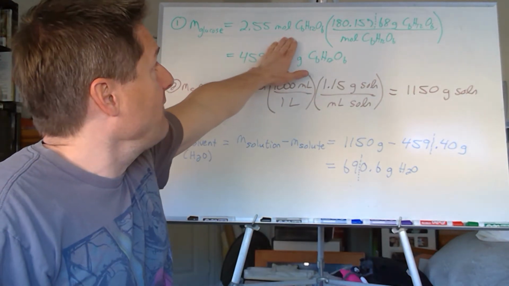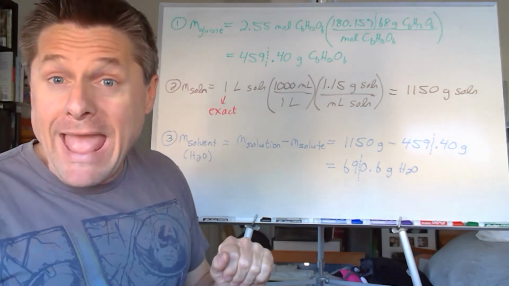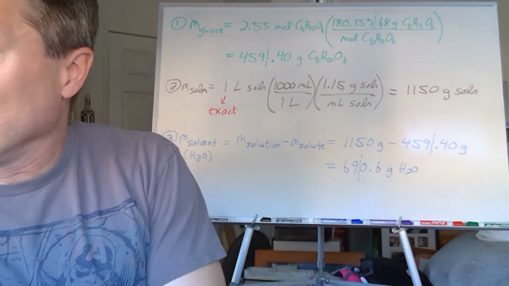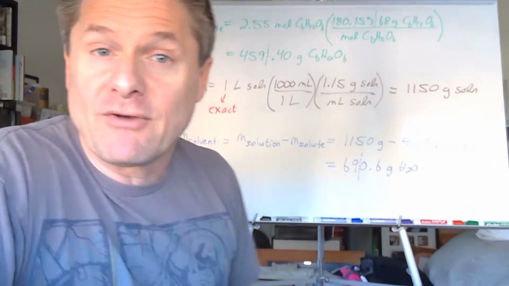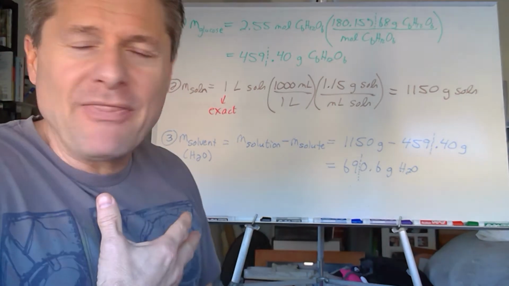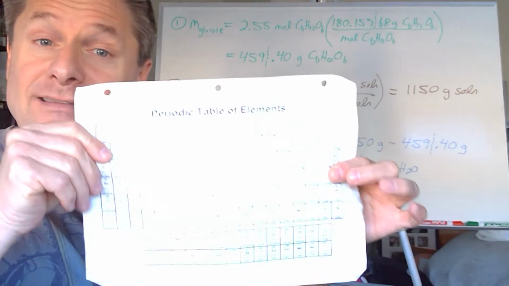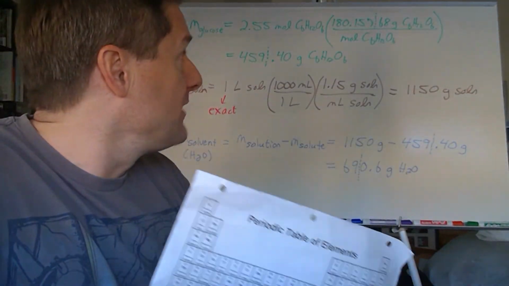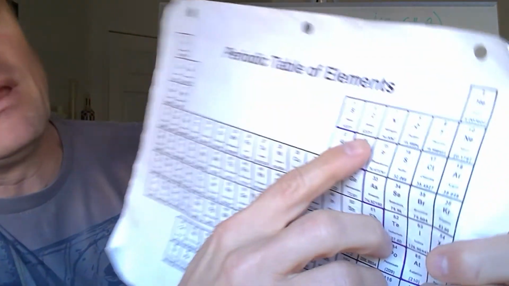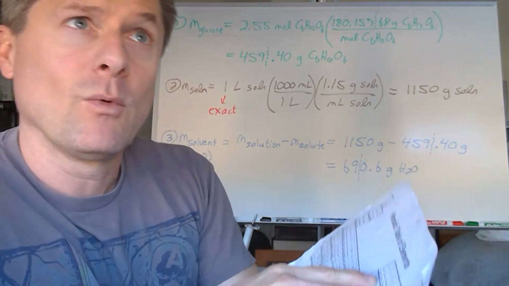So take the 2.55 moles of glucose, C6H12O6. We need the molar mass of that, so get whatever periodic table. If you're using a different periodic table, you might get slightly different values. I'm not the kind of professor that likes to truncate or chop off my atomic masses. I don't like doing that. I just like to use the whole thing, and you're limited by the fewest decimal places. So my carbon is 12.011. I've seen 12.0108 before.